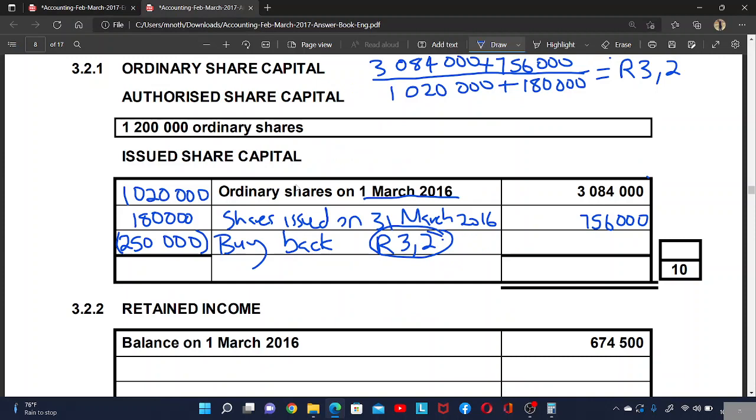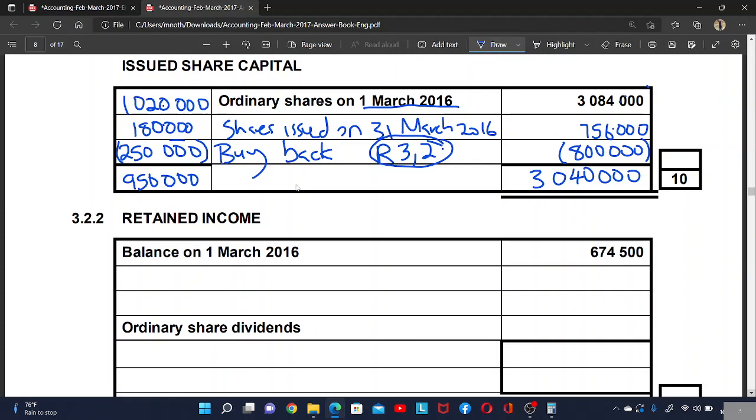So 250 times Rand 20 is equal to 800,000. If you add these two and then subtract 800,000, you get 3,040,000. And then here we add these two and subtract the buyback. Then you get 950 shares.